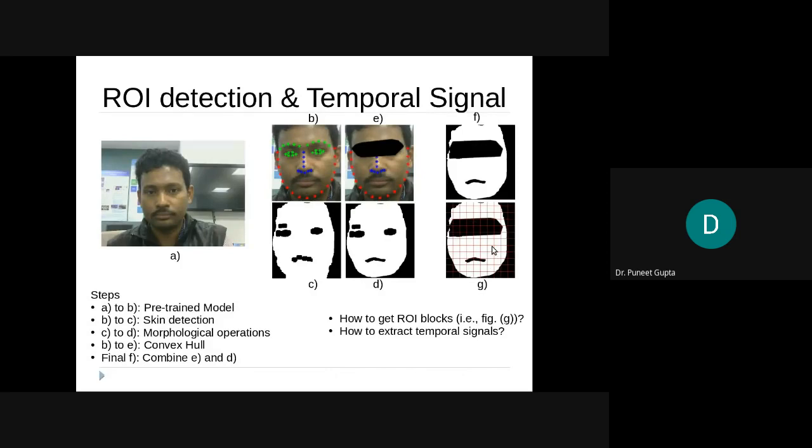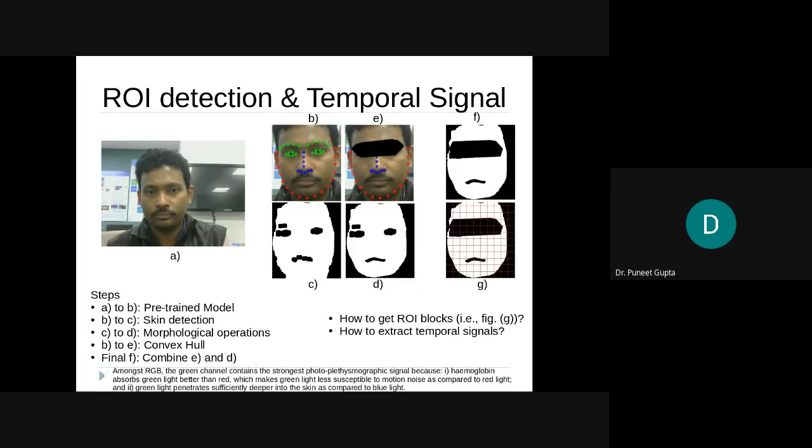So we have said that now we have multiple ROIs. From each of these ROIs, we want to extract one temporal signal. So what can be done is you take this location, put it on the first frame, let's say here. Then you find out the color in it. There are again multiple ways. In my case, I have just used the green channel because in literature it is proved that it provides the strongest PPG signal.